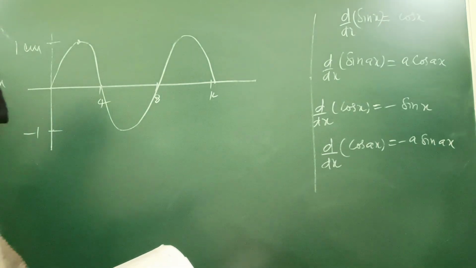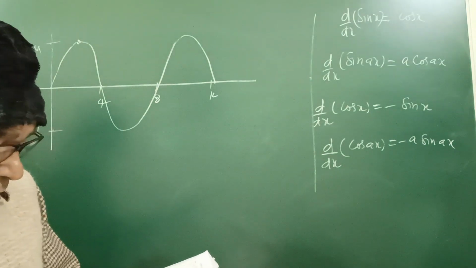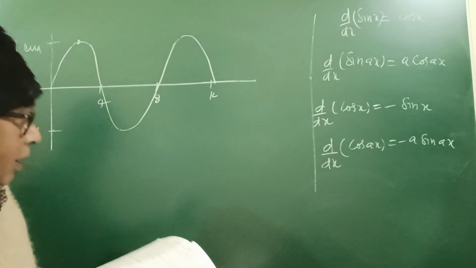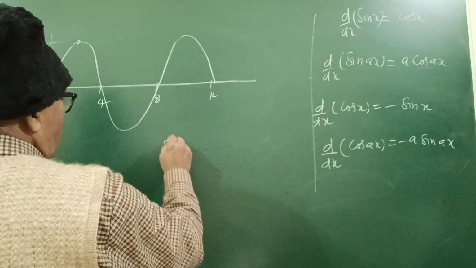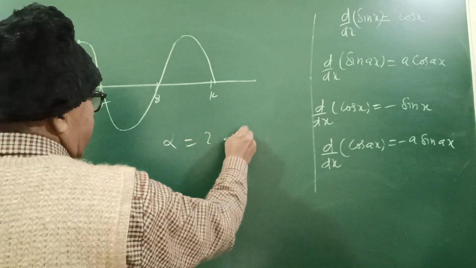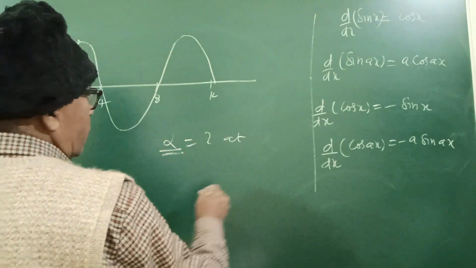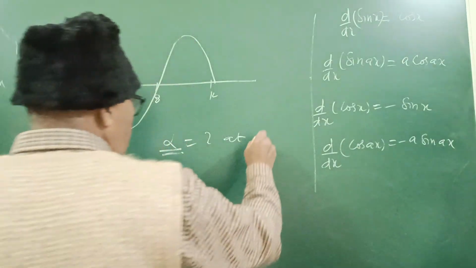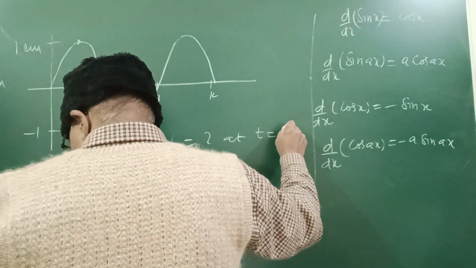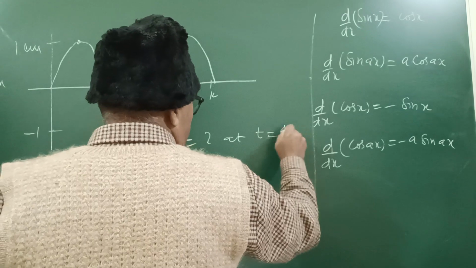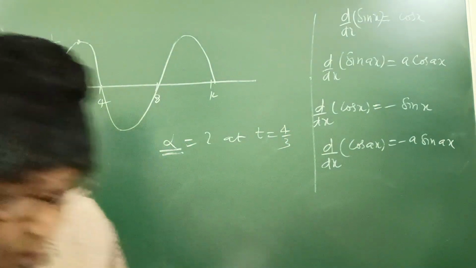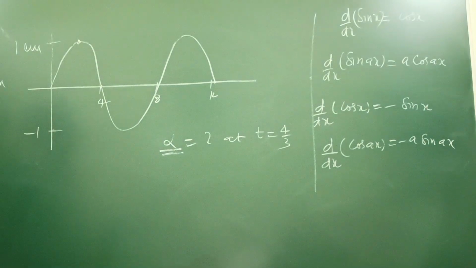Here you are asked: the x-t graph of a particle undergoing simple harmonic motion is given here. What is alpha, the acceleration of the particle, at t equal to 4/3 second? You are asked here what is alpha.